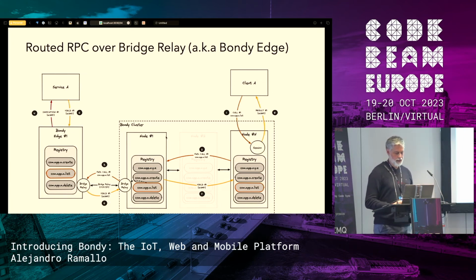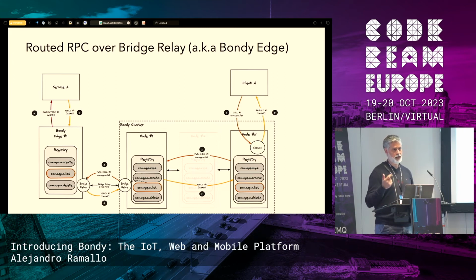The way you do that is you run a Bondy cluster in the cloud, as we are running right now on Fly, but then I can run another Bondy node on an edge device. This can be a cluster, by the way, so it doesn't need to be one Bondy; it can be another cluster, and one of them will create a bridge relay connection to the other cluster.